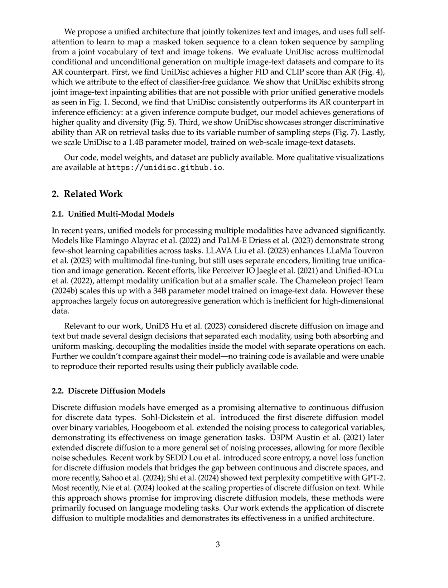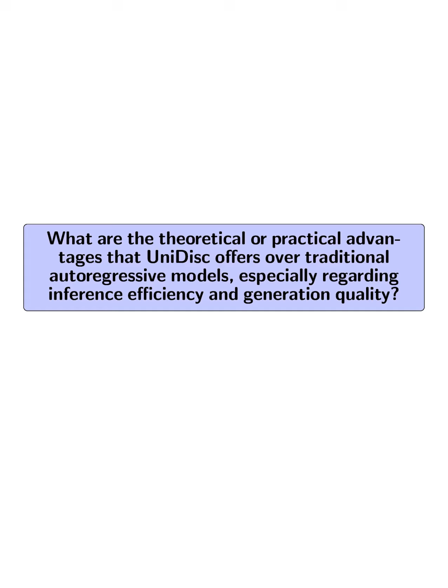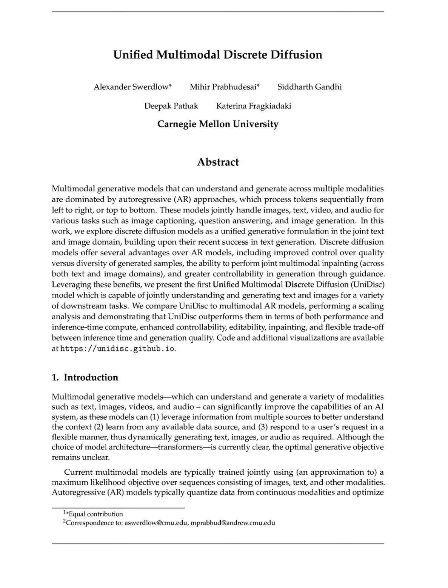What are the theoretical or practical advantages that UniDisc offers over traditional autoregressive models, especially regarding inference efficiency and generation quality? UniDisc offers several theoretical and practical advantages over traditional autoregressive (AR) models, particularly in terms of inference efficiency and generation quality.